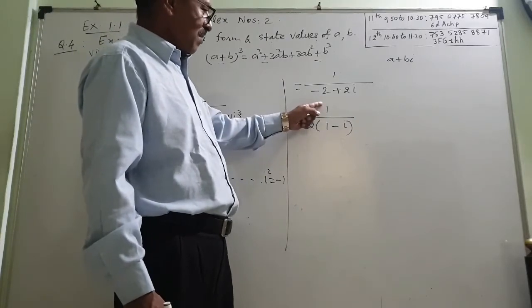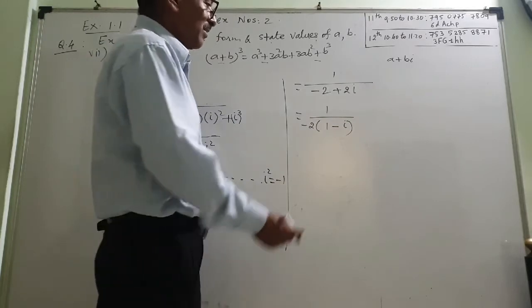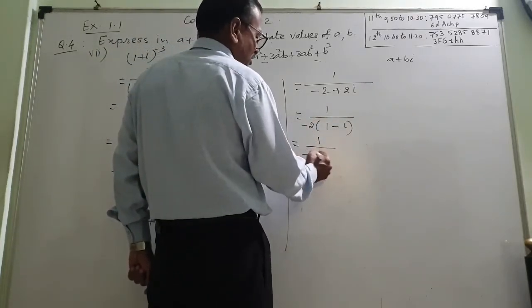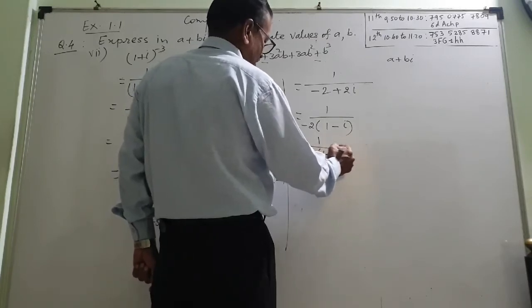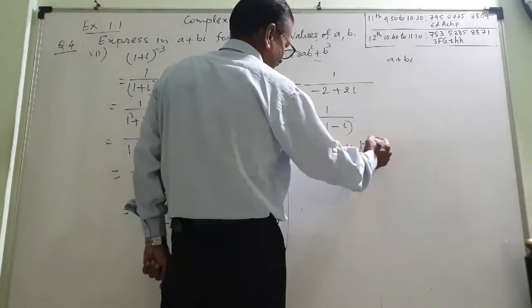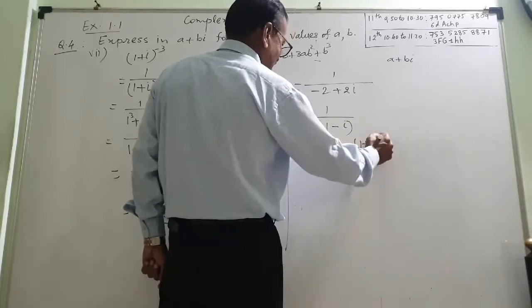So it is 1 upon 1 minus i. Change the signs. Now I will multiply by the conjugate: minus 2 into 1 minus i, into 1 plus i upon 1 plus i. By this I am multiplying.